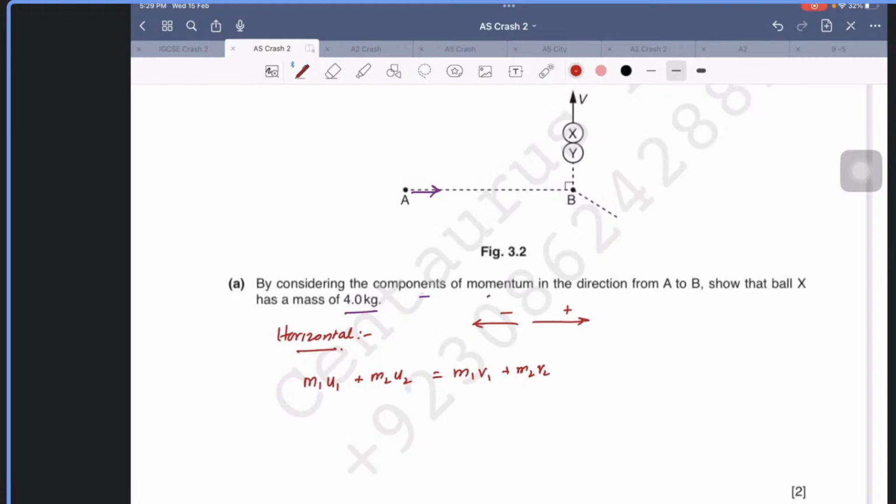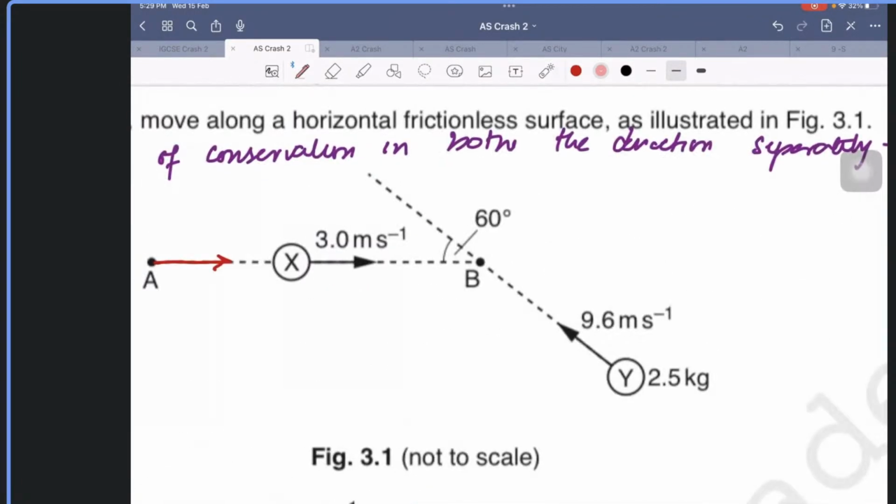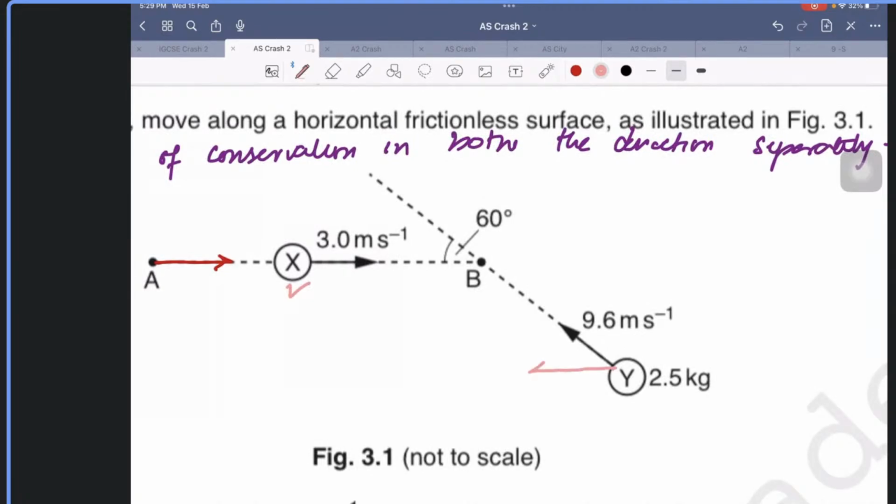Then what happens next is that we have to make the components. This one is already horizontal, great. But this one will have one component this way and one component this way, because this is angle 60, which makes this angle 60 as well, because these are corresponding angles.